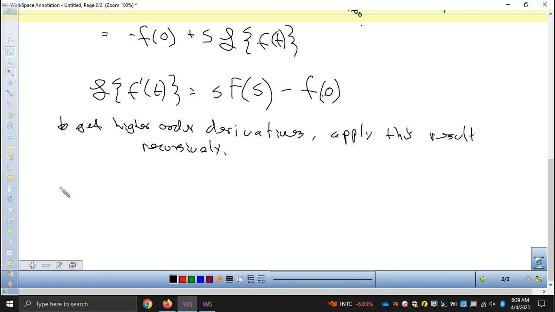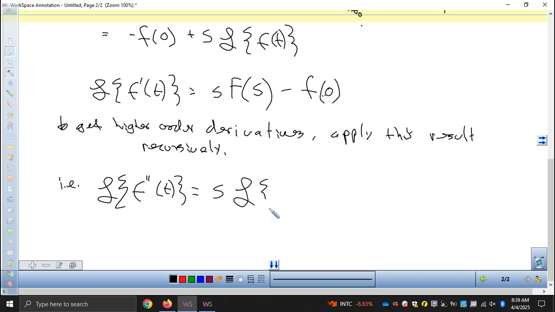So in other words, for a second derivative, the Laplace transform of f double prime of t is going to be s times the Laplace transform of f prime of t minus f prime of 0. Here our function now is f prime, and we're taking the derivative of f prime.